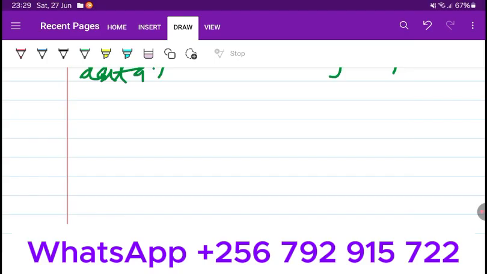So number 3 was to construct the horizontal scale that will span the range of the data.